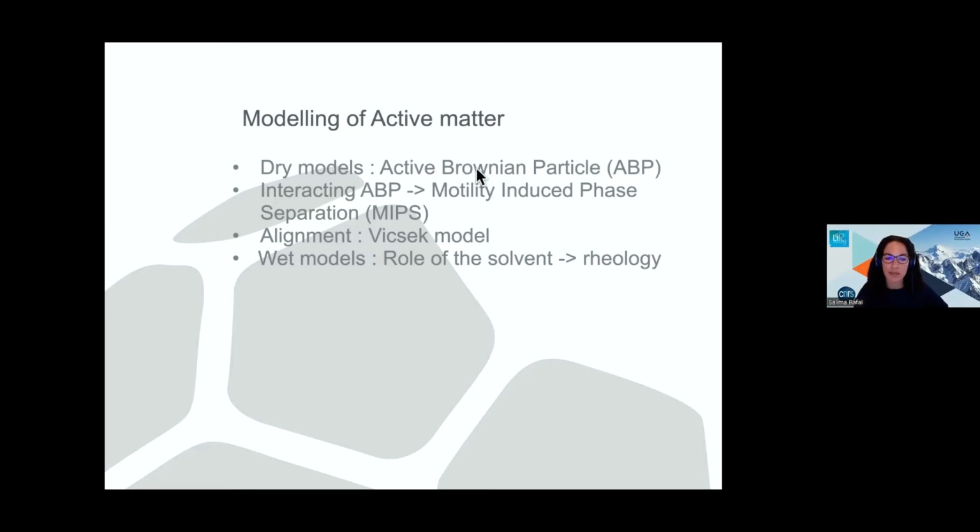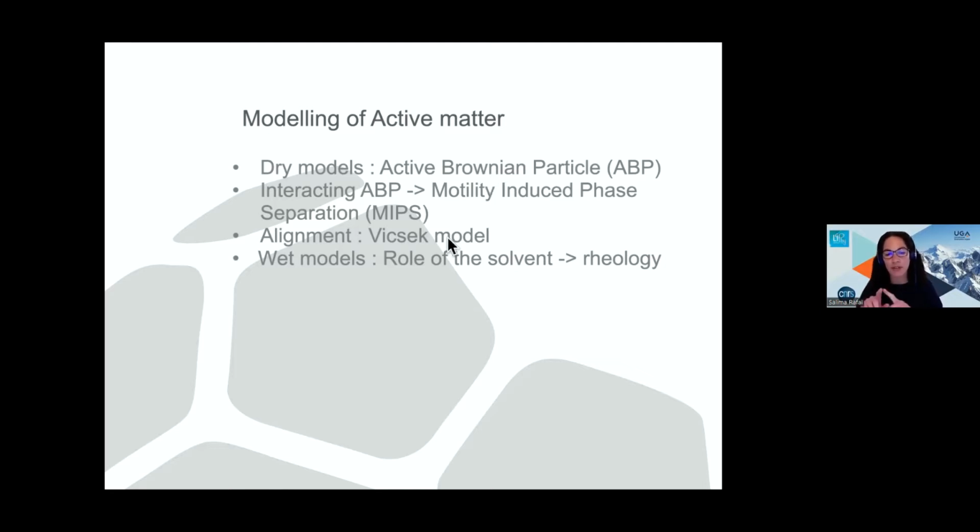I think it's the simplest model to describe an active particle. However, we can already have interacting active Brownian particles. In this model, we can go to motility-induced phase separation and see a collective motion emerging from the simplest models here.